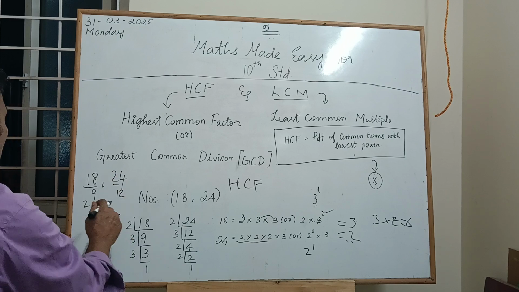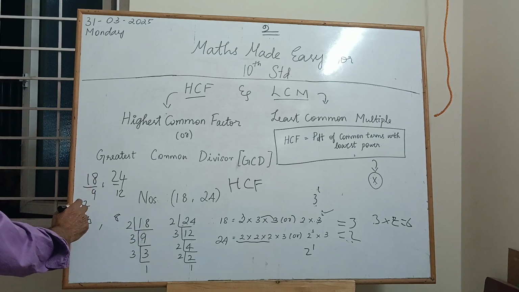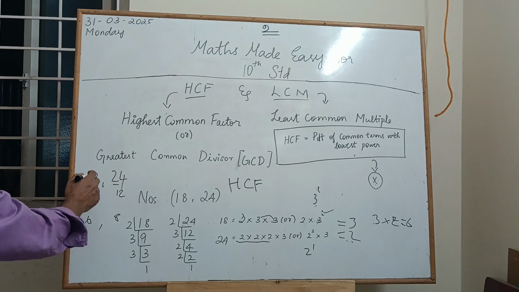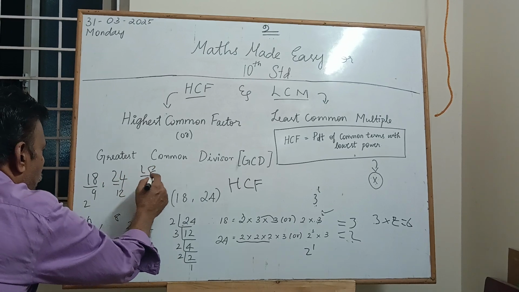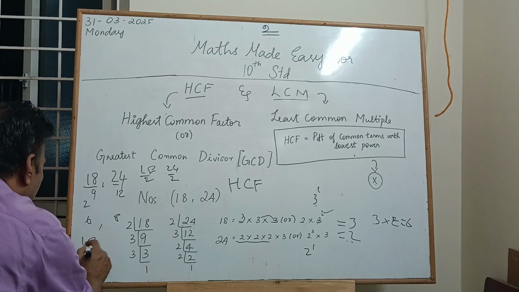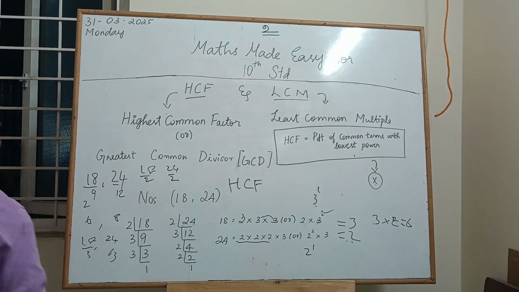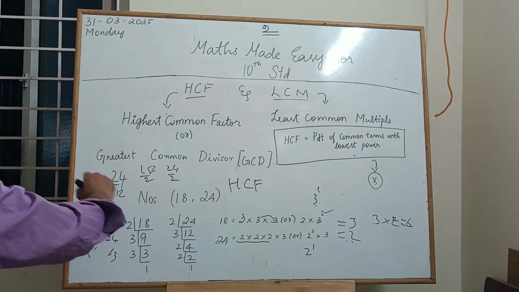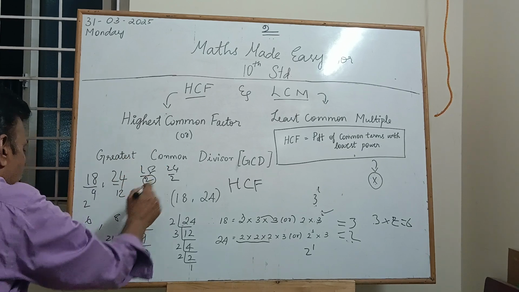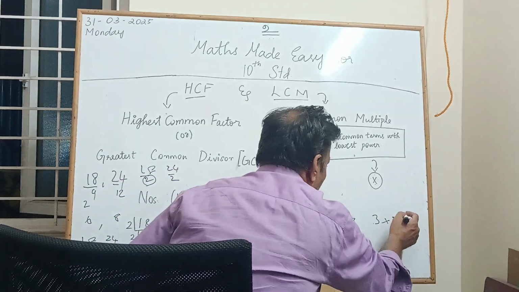You can divide 18 by 2, 24 by 2, 18 by 3, 24 by 3. So now 2 is there, 3 is there, and 6 is also there.